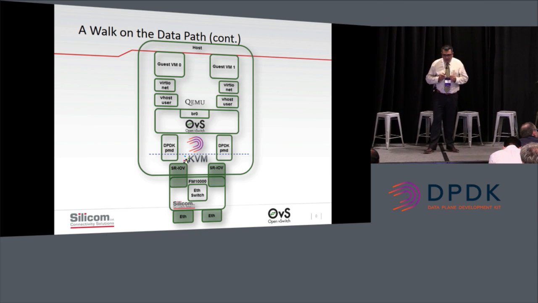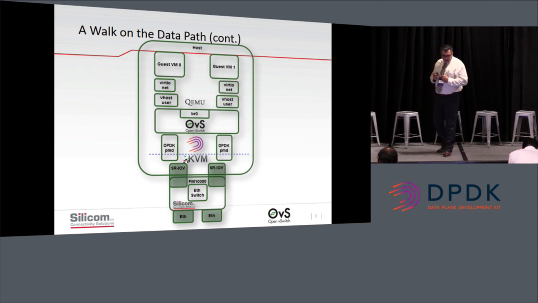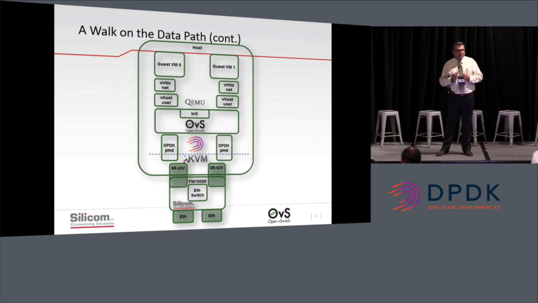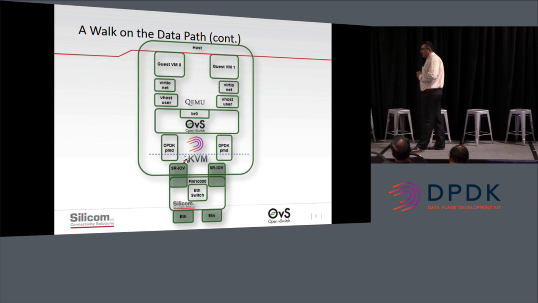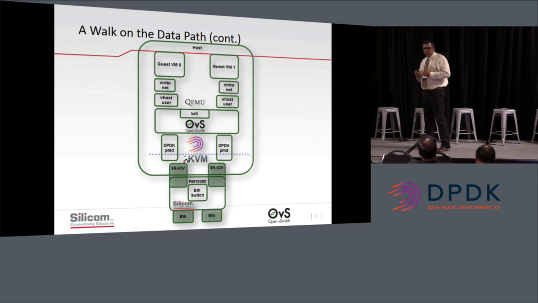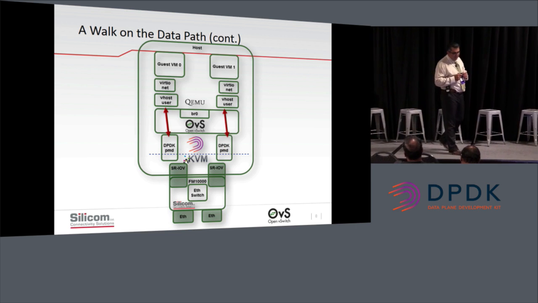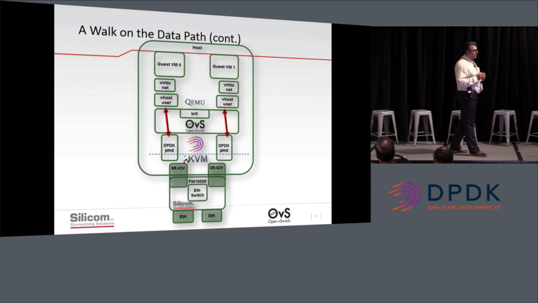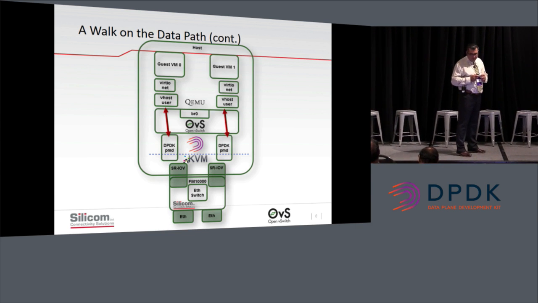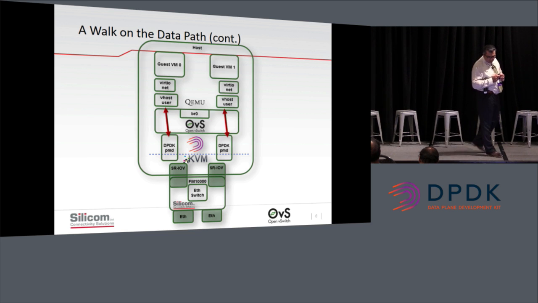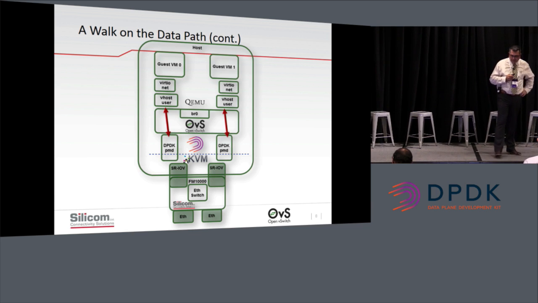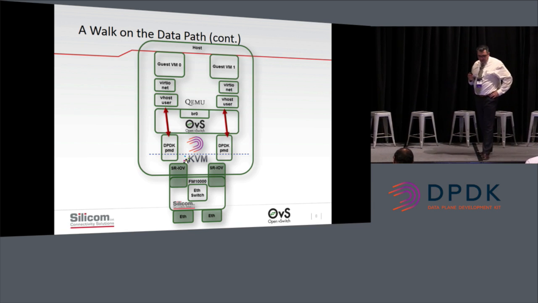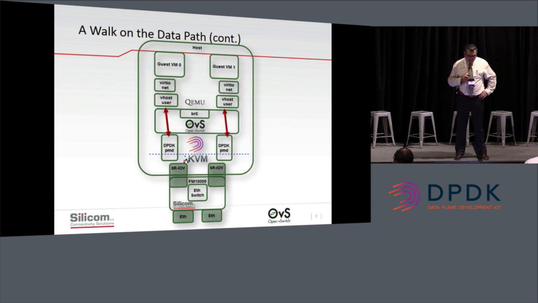And now the only element that was missing was how to associate an SR-IOV channel up to a virtual machine. And that was easily done by just adding flows that connect the PMD driver to a specific VM front end driver.